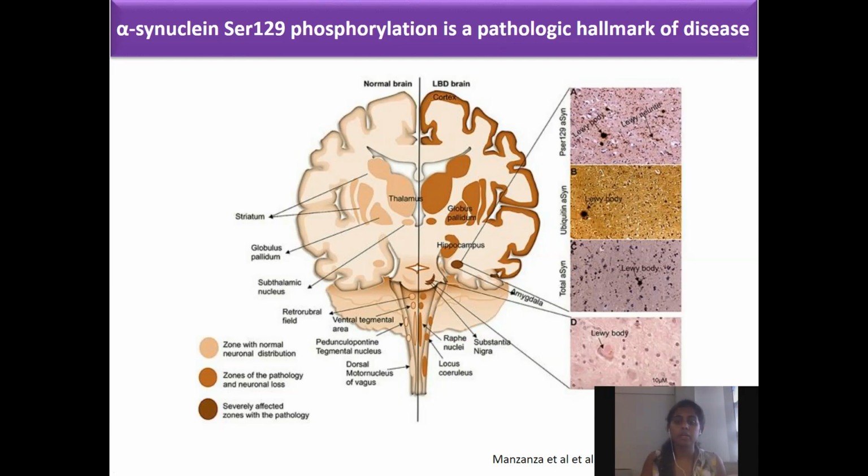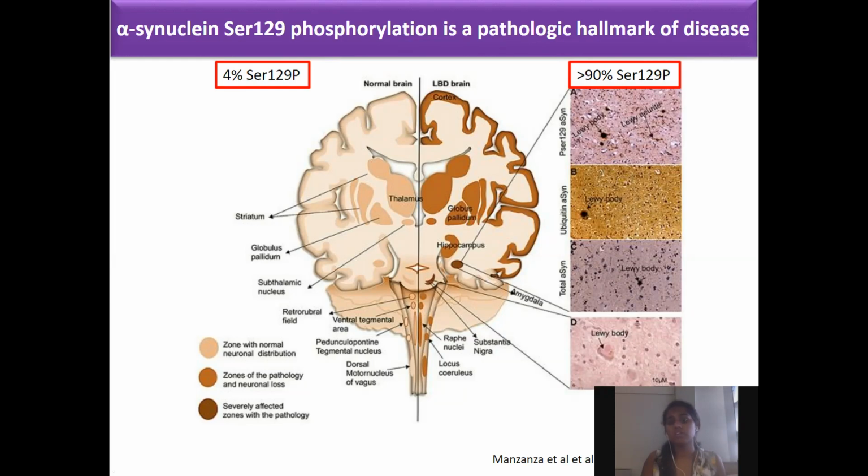And interestingly, this is so abundant that in diseased brains, about 90% of alpha-synuclein is phosphorylated at the serine 129 site, whereas in the normal brain, only 4% of alpha-synuclein is phosphorylated.